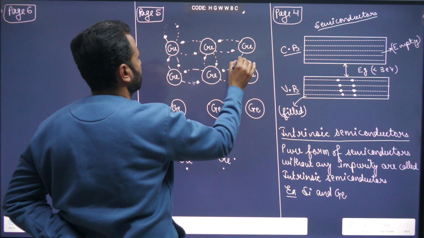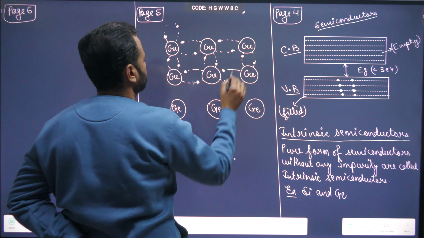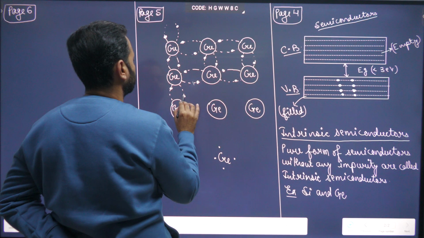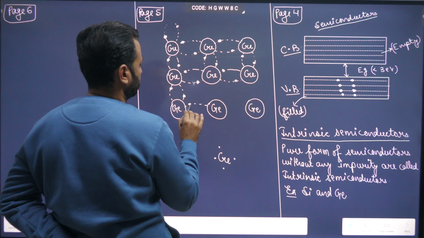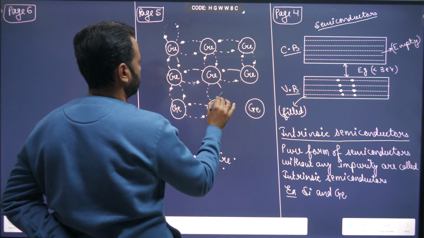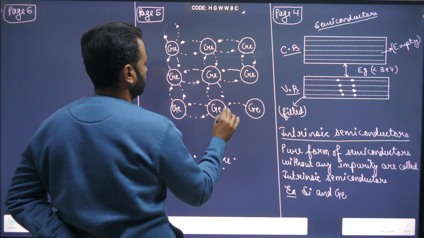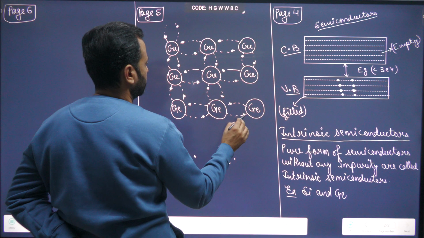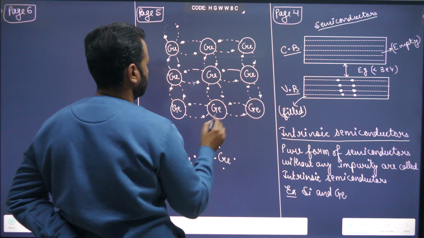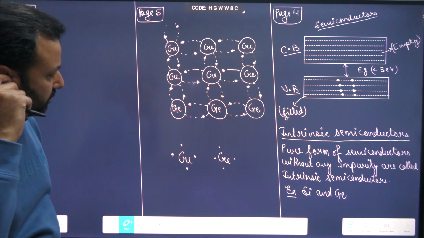This is an intrinsic semiconductor, the purest form of semiconductor. Like this, a germanium crystal lattice structure forms.